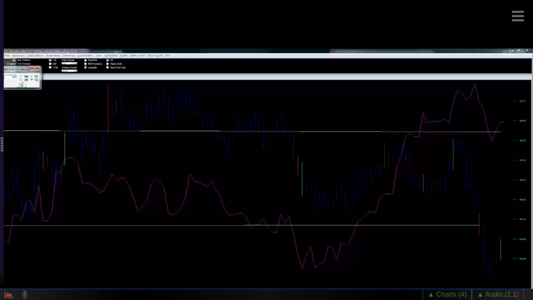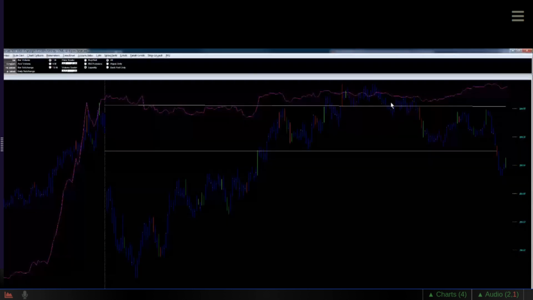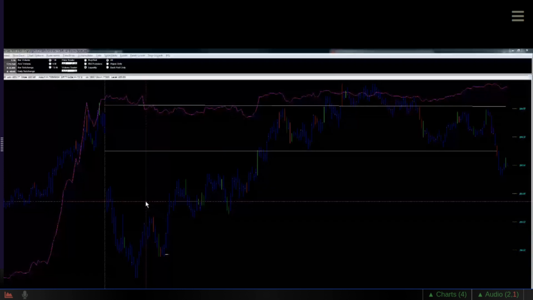So we can see the beginning of the day, and what happened during that time frame. Since we were looking for short setups today, we saw a divergent range from here to here. Where is that level?